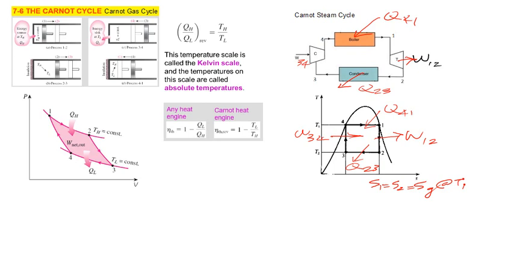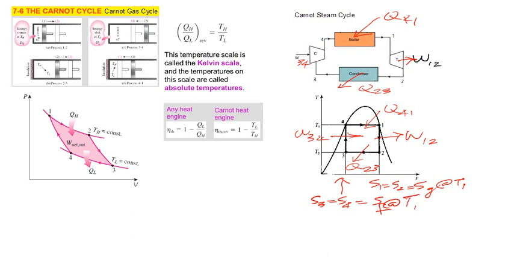And then after that, we can look at the compression process. At the compression process, we can also write the entropy S3 equal to S4, represented by the value of Sf at the temperature of T1.